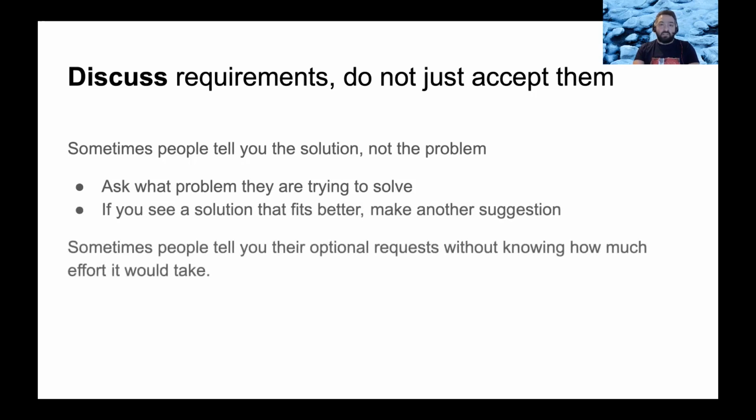The second case, people sometimes tell you their optional requests without knowing how much effort it will take. Example, if the customer's address changes, we want to send a quote for home insurance right away.